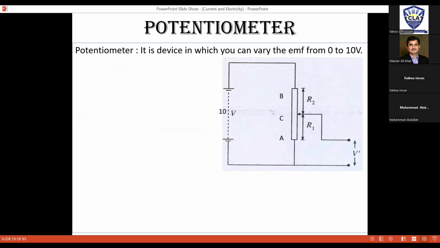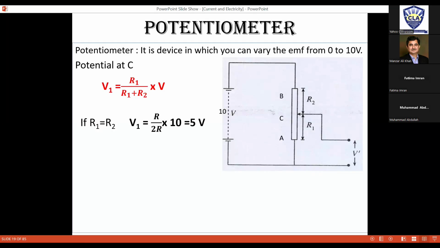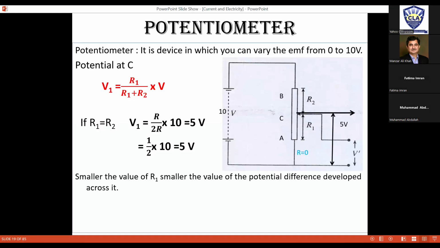It's a device with which you can vary the voltage output at point C. Half the resistor is below and half is above, so remember that R1 is half, R divided by 2R into 10, you get 5 volts. Simply, we have adopted the ratio method here. If you are at point A, R is zero, so your voltage is also zero.